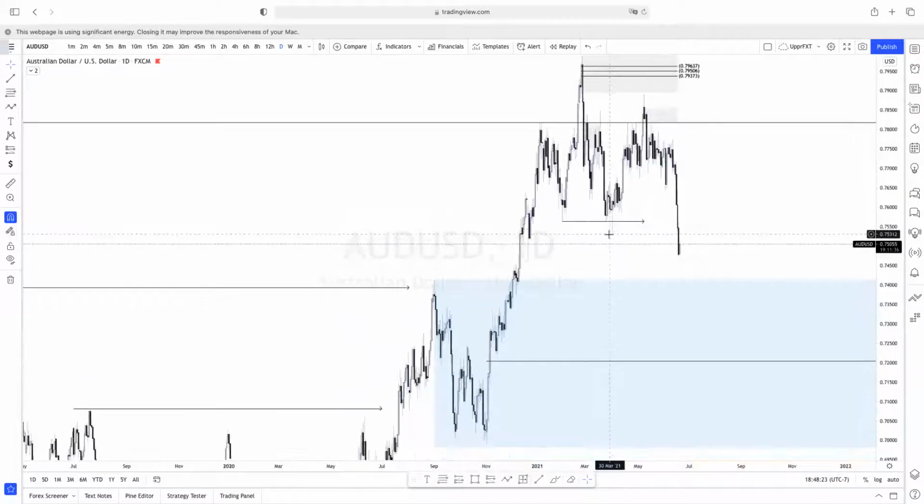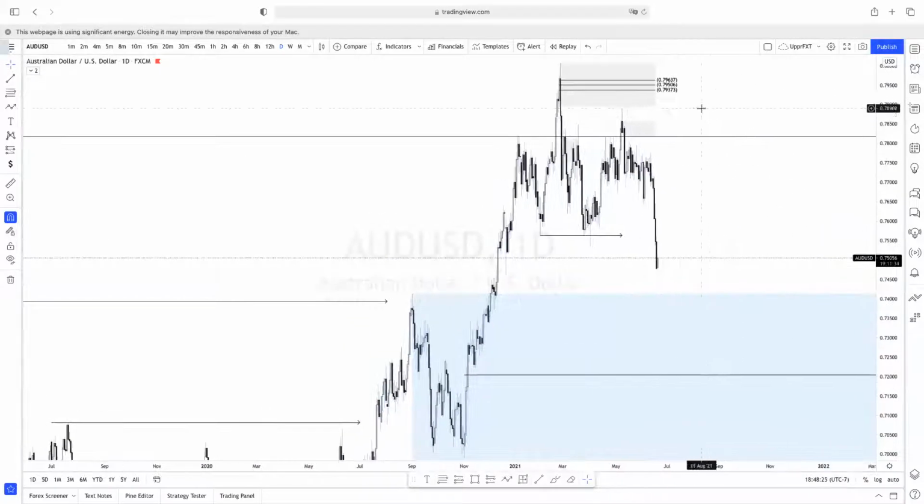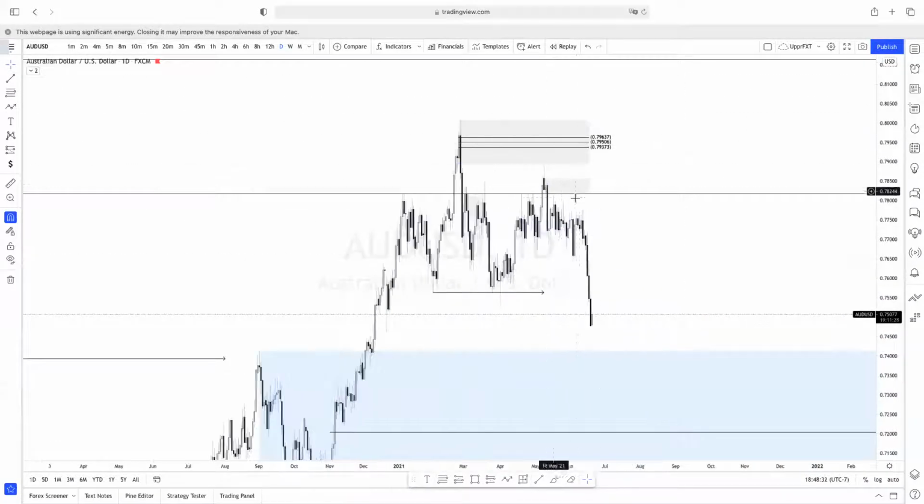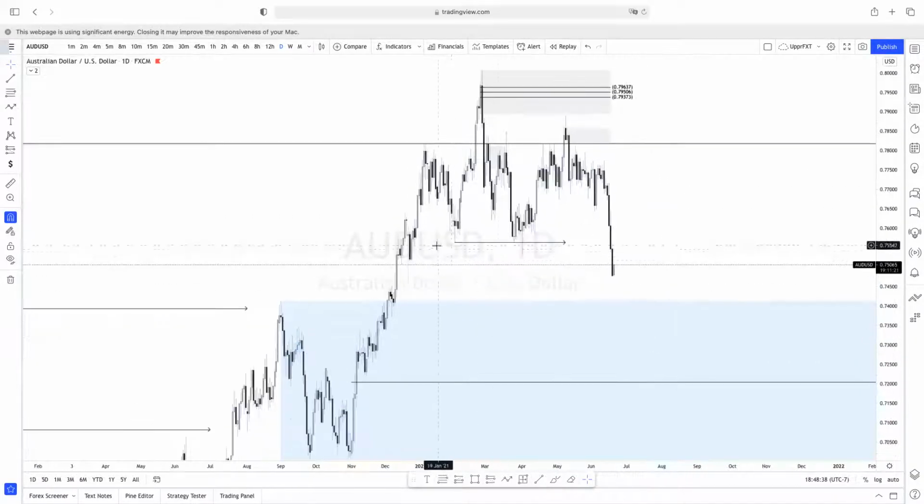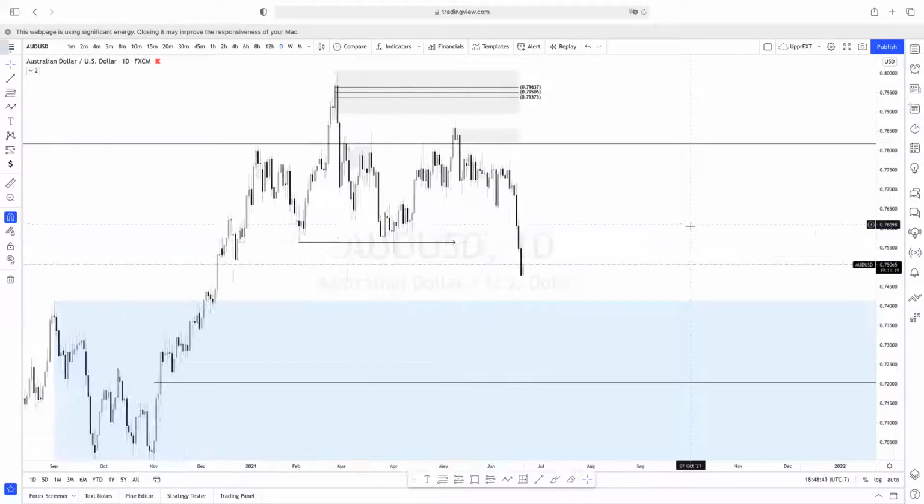There are always people's stops and everything. So I was looking to take sells from this area and this area too, if price wanted to come up here to really grab some more orders before pushing down to overall take this out.